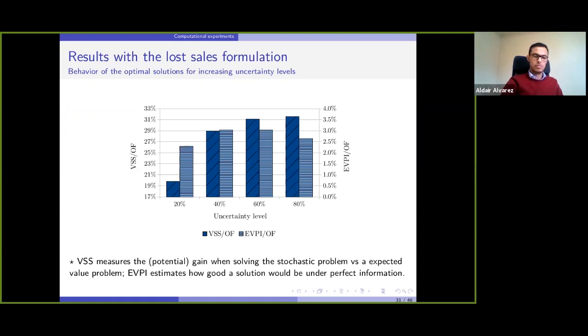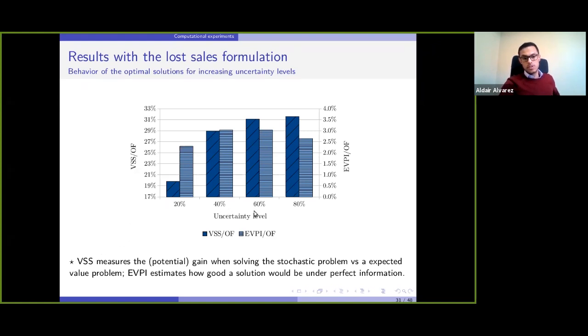So you use an expected value problem to estimate how much worse your solution will be if you ignore the uncertainties. While the EVPI tells you how good the solutions would be if you knew the perfect information every time. So if there was a way for you to know the exact value of the supply and demand, how much better would your solutions be? That's more or less what those two indicators tell you.